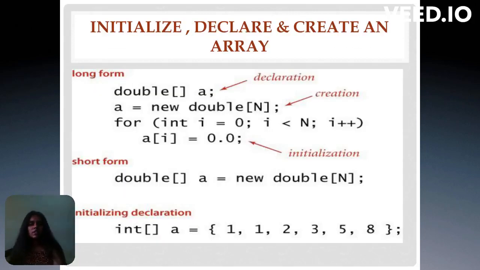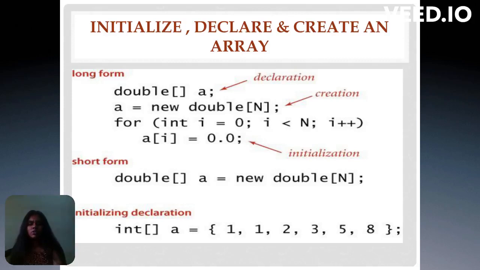How to initialize, declare, and create an array. Here there is a long form, a short form, and initializing declaration. The long form is double[] a, which is the declaration, and a = new double[n], which is the creation of the array. A for loop is also used for initialization, where a[i] = 0.0.